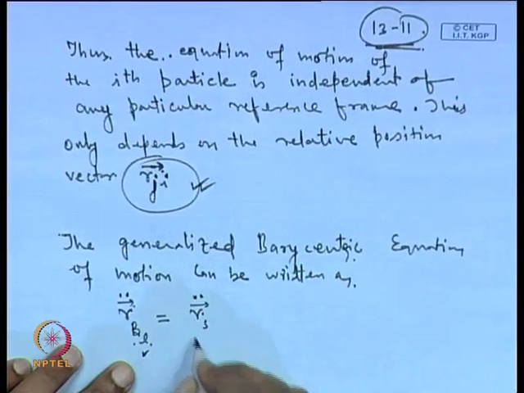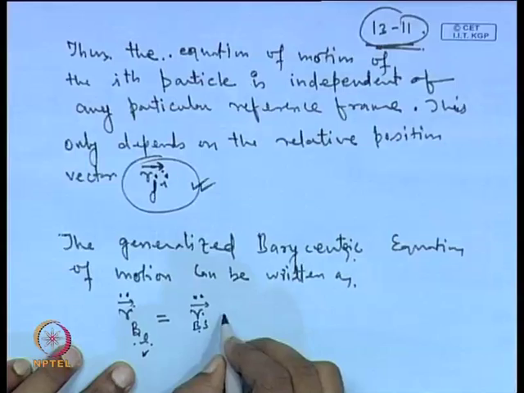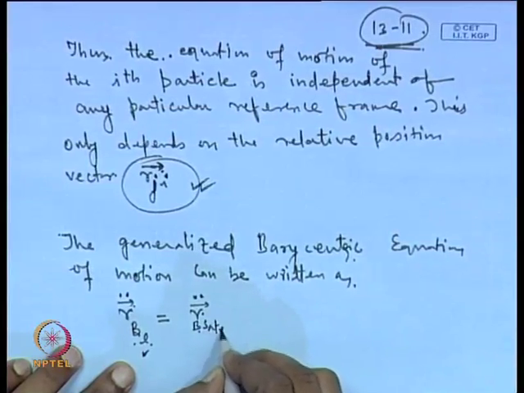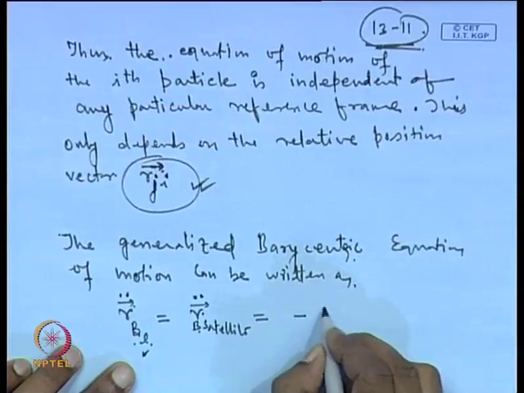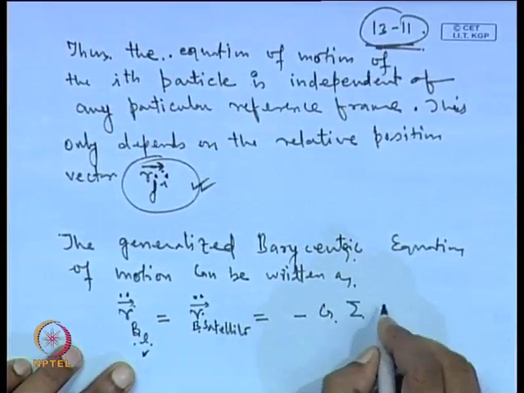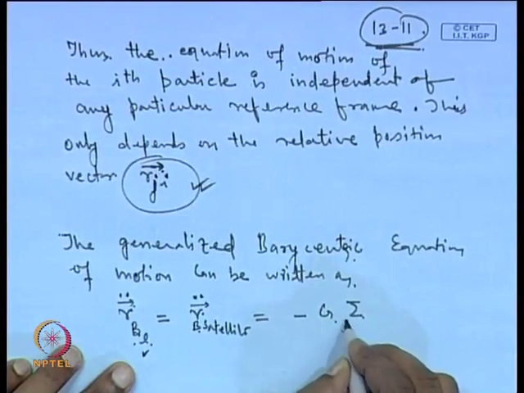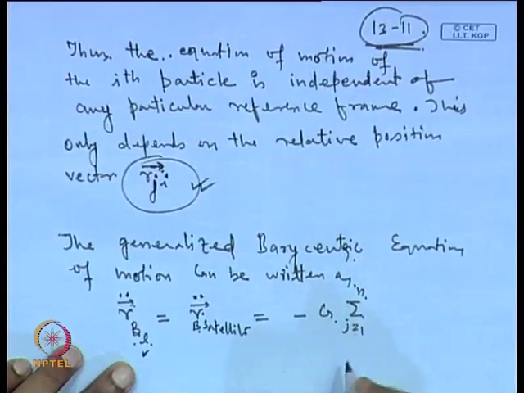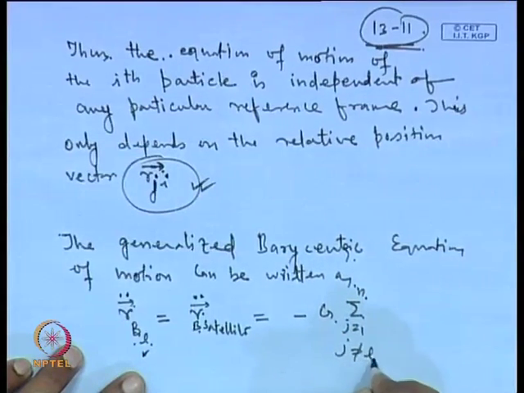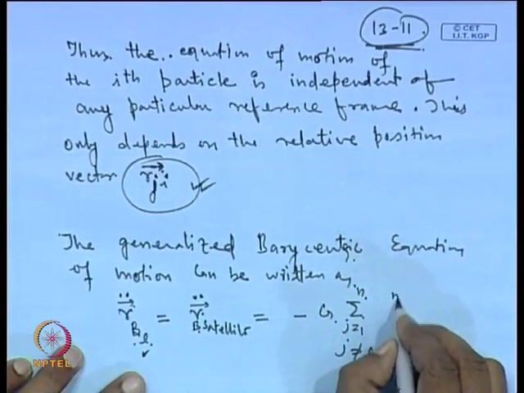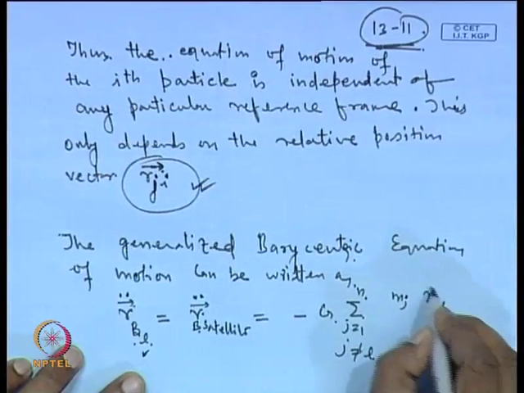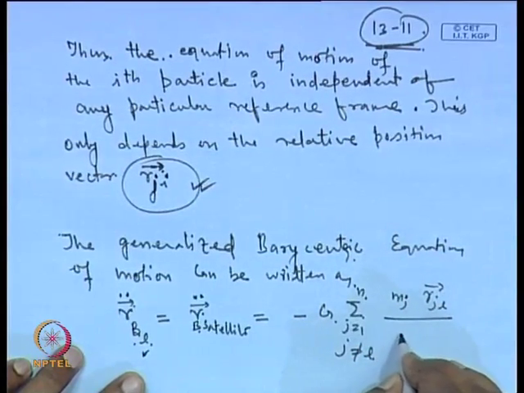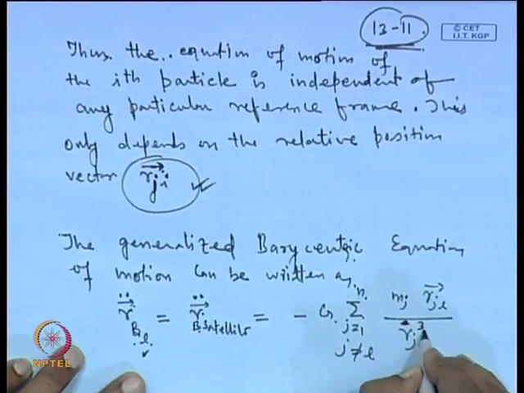So, we can write this as R_BS, this is the satellite, is equal to minus G times the sum over j equal to 1 to n, j not equal to L, of m_j times R_JL divided by R_JL whole cube.